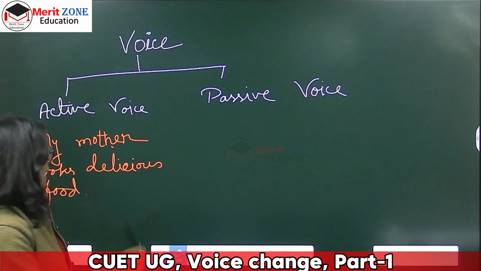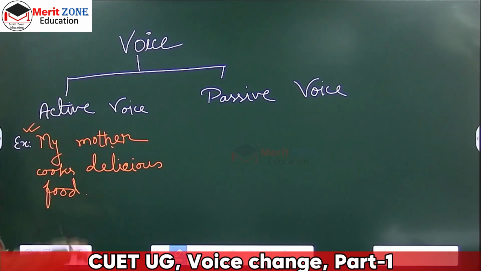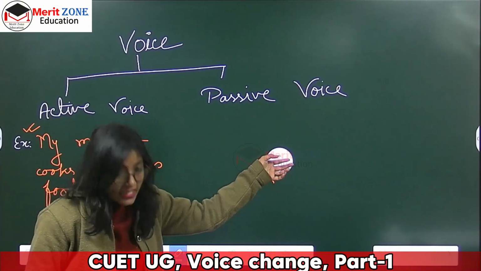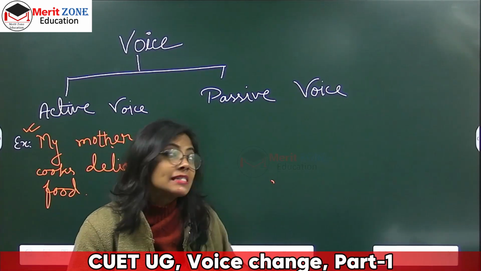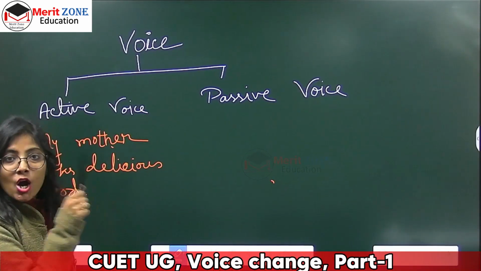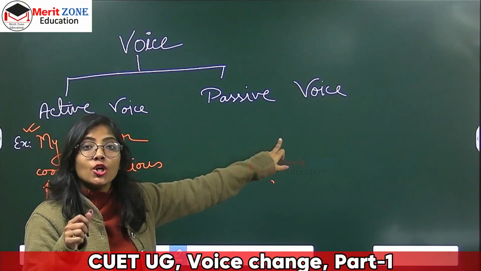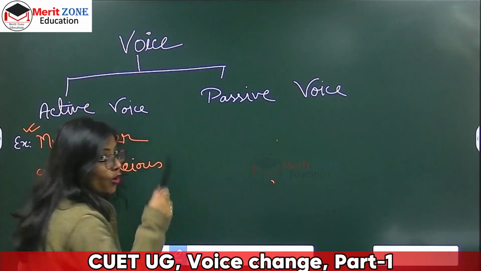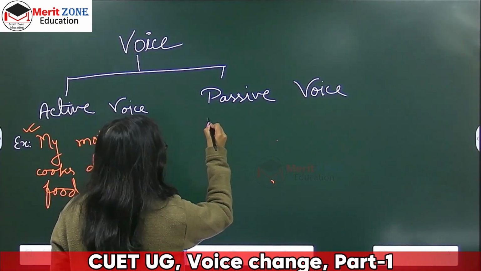Right? Now, the same sentence I can make in other way also, and that is also grammatically correct, and that also conveys the same message that we are conveying through this particular sentence. How do we do that? I will change it to passive voice, जो कि indirect way में बोला गया है. How? As I told you already, this sentence will be, here I'll just write the example of this.